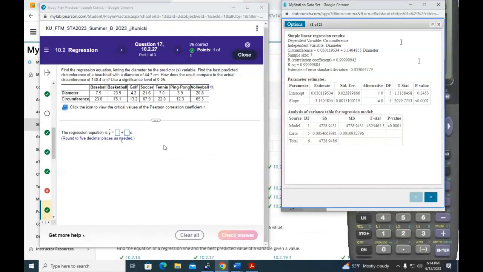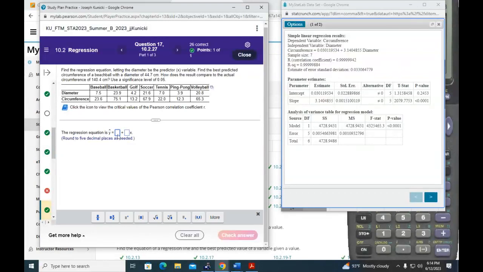D. So it's just pi d. That's the relationship. If you divide the circumference by the diameter, it's a constant ratio of pi. So look at the slope, 3.14. It's just about pi. And look at the r value. To 5, 6 decimal places, it's 1, which means it's a perfect fit.